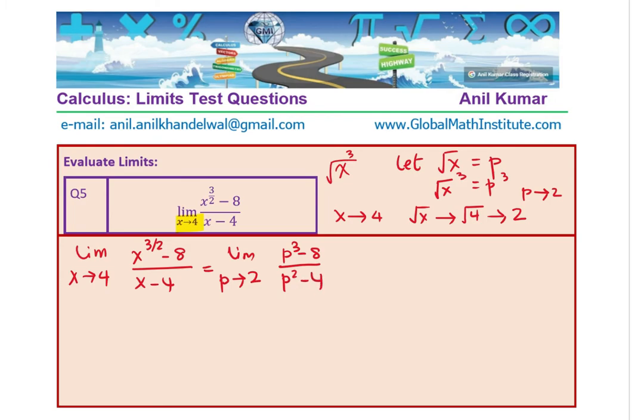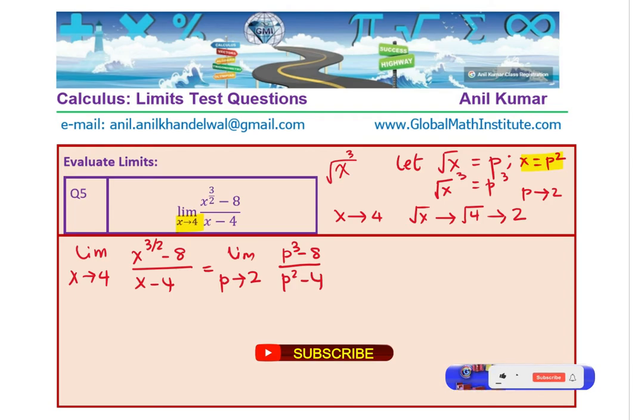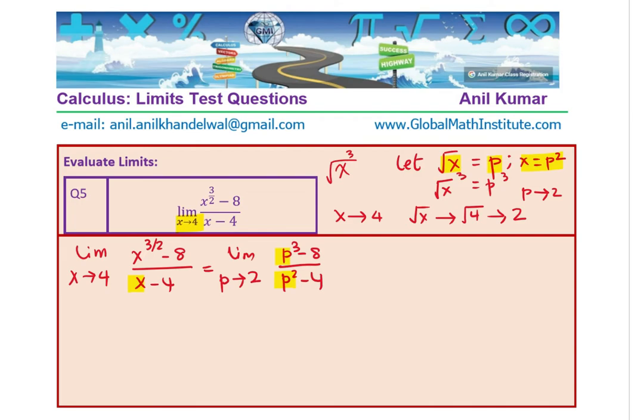Since x will be square of p, right? So that will give you that x will be p squared. So we are going to make these two substitutions, right? So x is p squared and square root of x is p. Now we can apply difference of squares and difference of cubes.